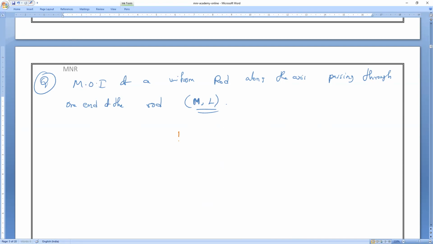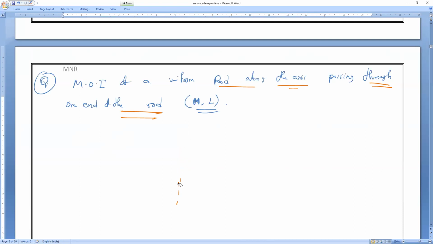So let me now take the axis of rotation, and see, a uniform rod along the axis passing not through the center of mass. Where is it passing, everybody? Please respond. One end.